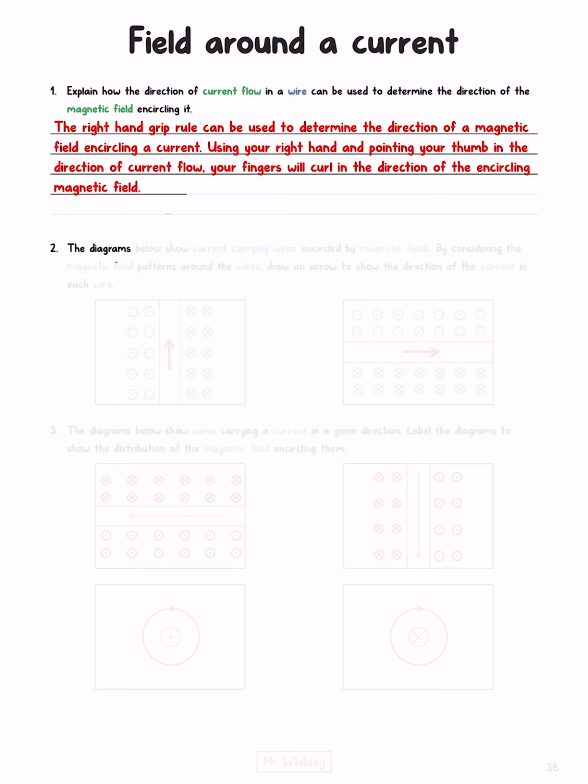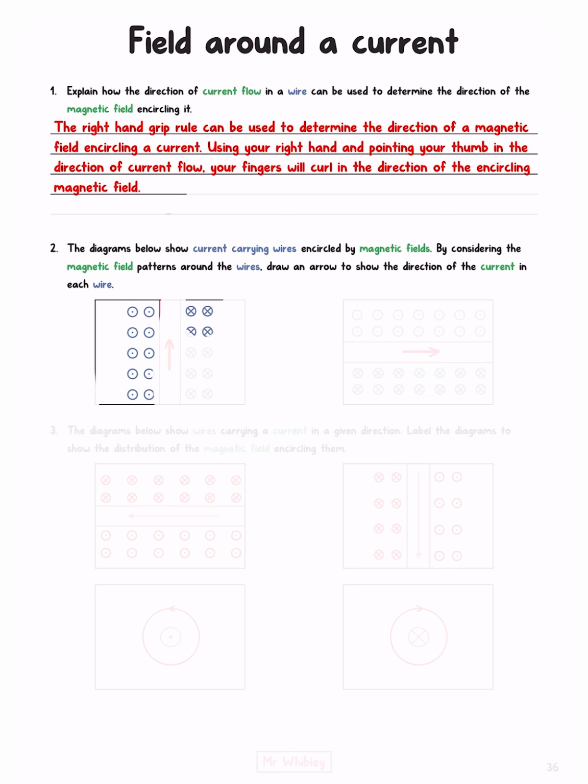Question 2. The diagrams below show current-carrying wires encircled by magnetic fields. By considering the magnetic field patterns around the wires, draw an arrow to show the direction of the current in each wire. And so we have our magnetic field indicated by these dots and X's, where the dots indicate out of the page and the X's indicate into the page. Think of this like an arrow, where if you see this, you have the arrow coming towards you, where the arrow is something like this, and you're viewing it from this angle here.